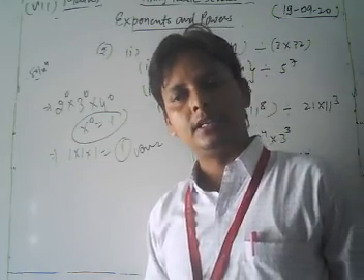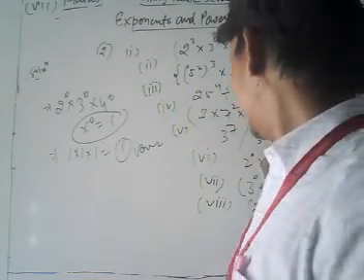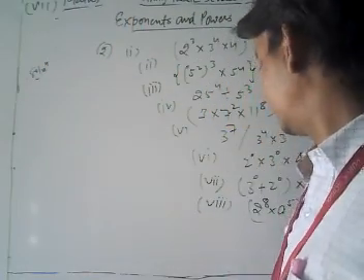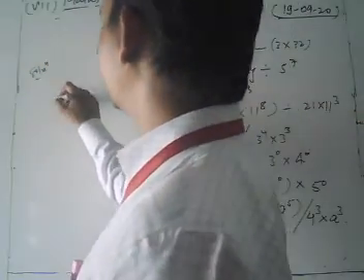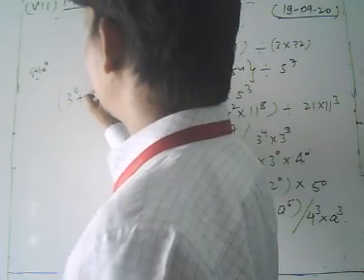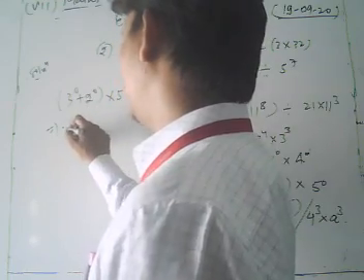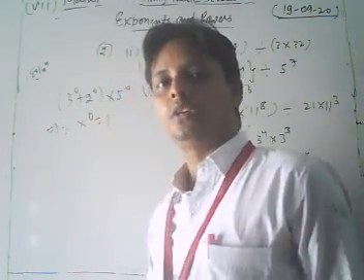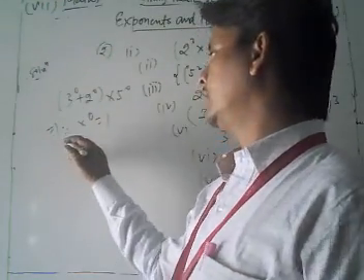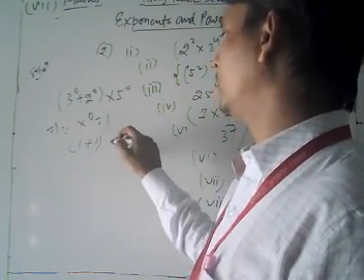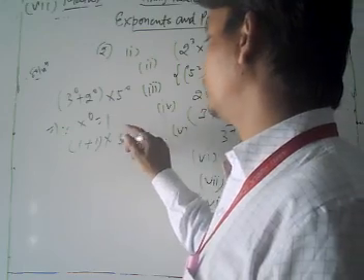Okay, now similarly we take and solve the next part of this question. Let's see what is the next part. Our next part is 3 to the power 0 plus 2 to the power 0 multiplied by 5 to the power 0. Since we know that any number to the power 0 is equal to 1, here we get 1 plus 1 into 1 plus 1 into 5 to the power 0, which is 1.